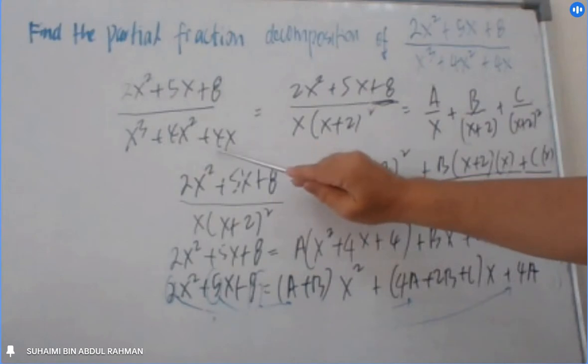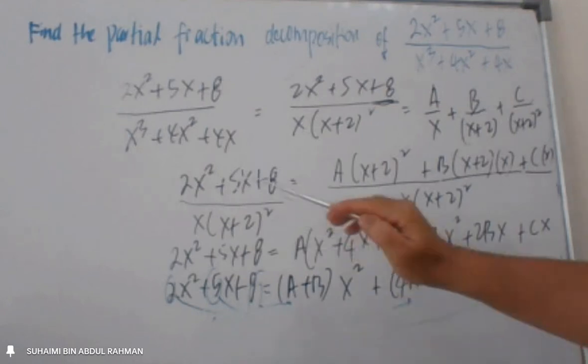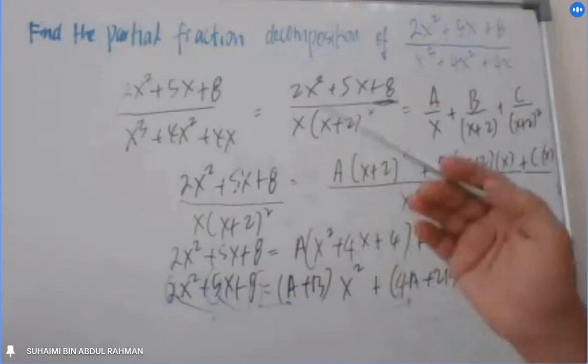Firstly, we can take the x out first. So make x a common factor.